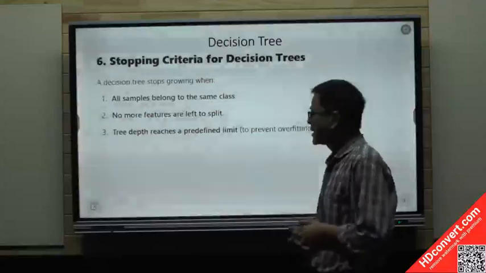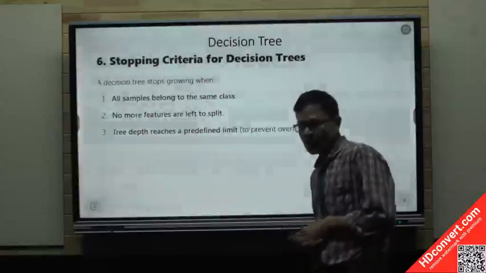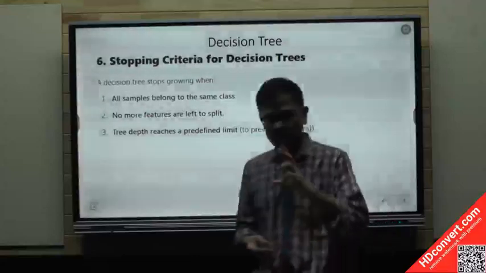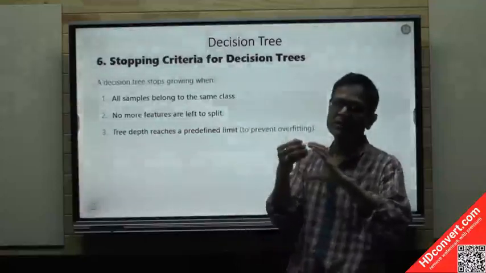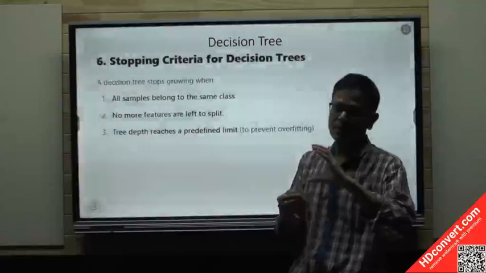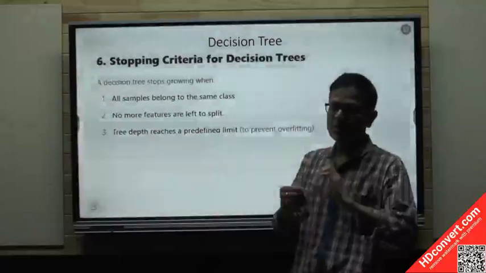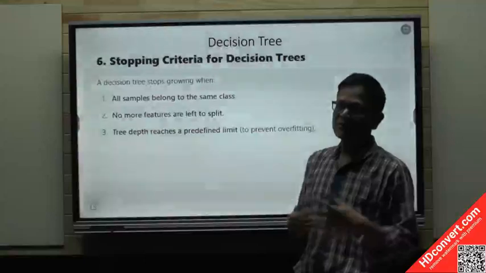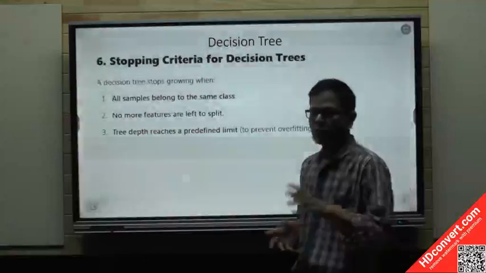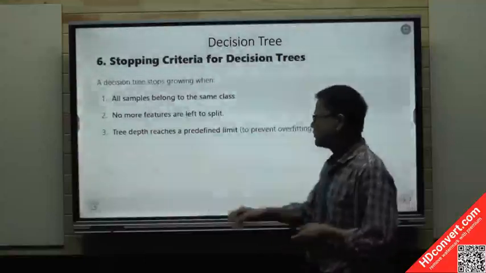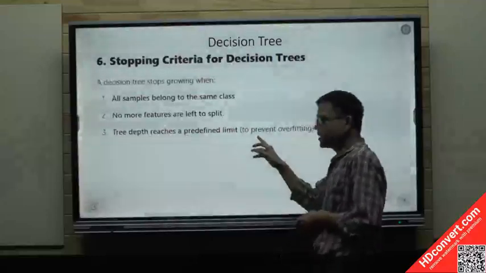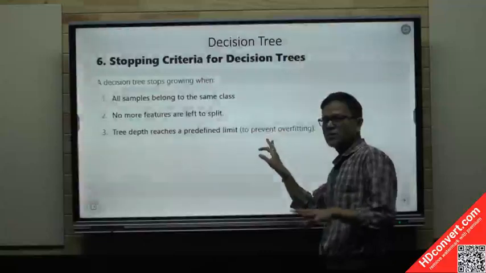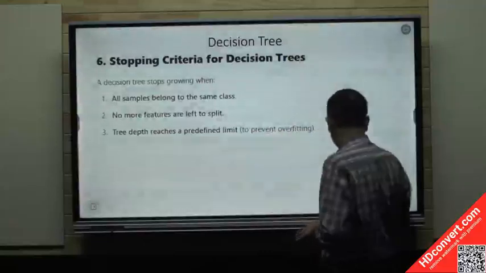You have exhausted the data set. Or for a large data set, you can predefine that the splitting has to proceed up to, let's say, a depth of 10. Every tree has a depth. So a depth of 10, 5, 7, whatever number you want to fix. If the tree depth reaches a predefined limit, you stop. This also prevents overfitting.